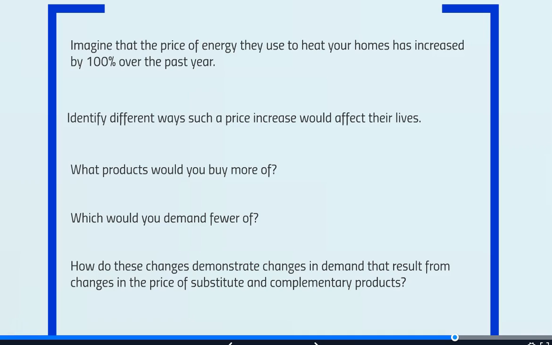So, as the prices change, demand for things will change. So maybe the demand for windows will increase, the demand for insulation will increase. The demand for new pool heaters would decrease. So those are all substitute and complementary products.